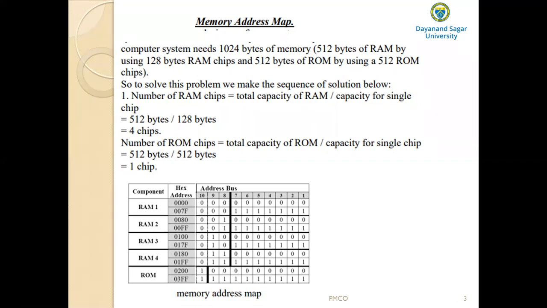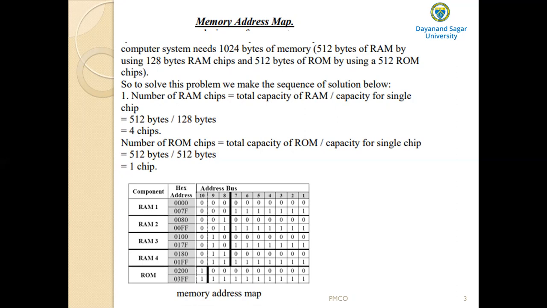I will repeat: the addressing of memory can be established by means of a table that specifies the memory address assigned to each chip. That means the memory address map is a pictorial representation of the assigned address space for each chip in the system, that is, the RAM chips and the ROM chip.